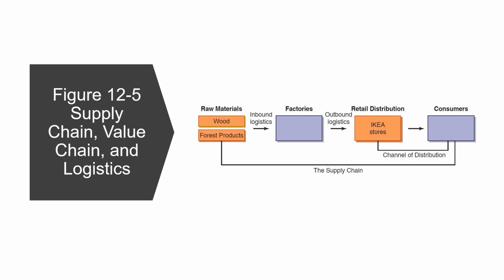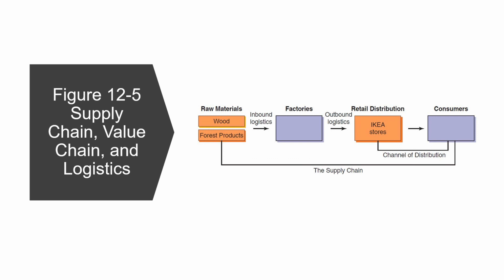Consider this concept and activity at IKEA, the global furniture marketer. IKEA purchases wood and other raw material inputs from a network of suppliers located in dozens of countries. These suppliers are upstream in the value chain, and the process by which wood is transported to the factories is known as inbound logistics.